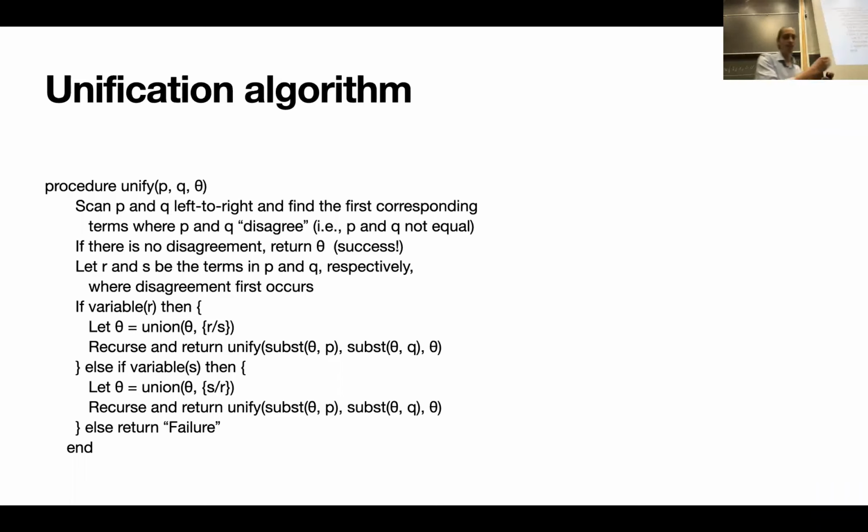The idea is that we scan P and Q from left to right and find the first corresponding terms where P and Q disagree. If we scan all the way and find no disagreement, then we return theta with success.